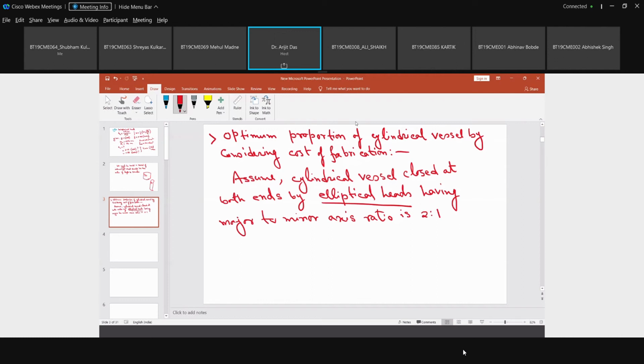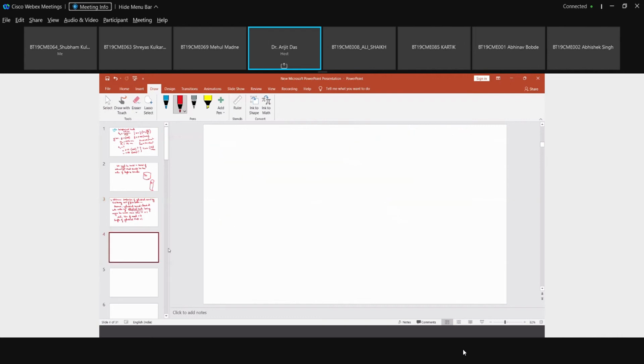And for the symbol, the diameter of the vessel, dia vessel equal to D, considering length of cylindrical shell L. So we can write, then what is the volume of cylindrical shell?